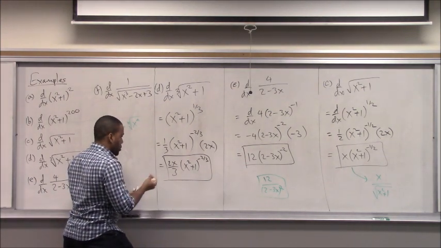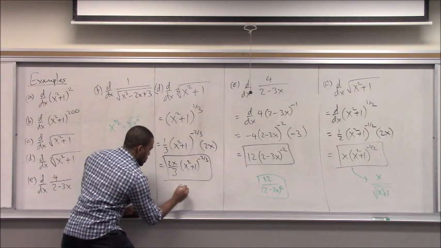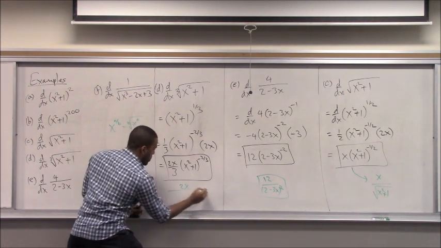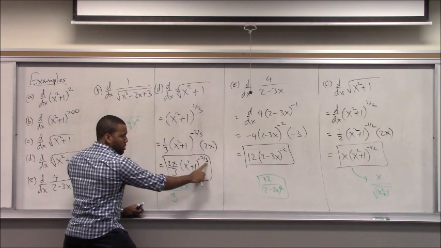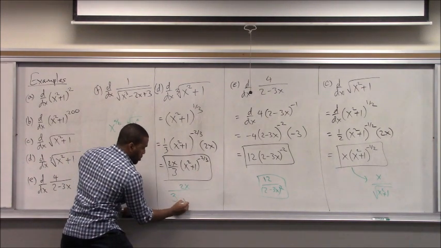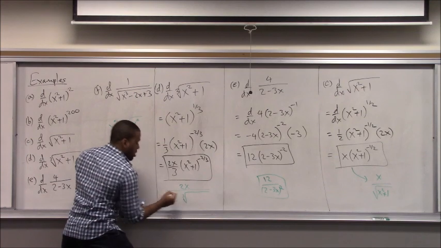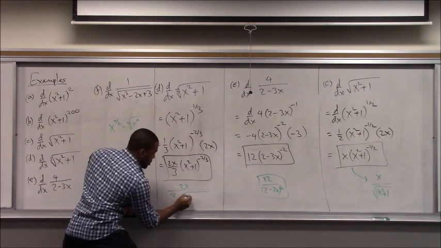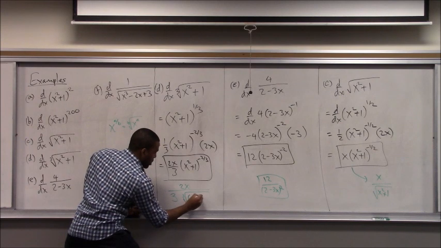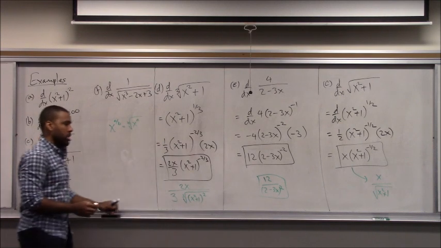If they decide to rewrite the answer with a radical, it would be 2x on top over the 3 still on the bottom. And then because there's a 3 in the denominator, that would give you a cube root. And then the 2 on top will give you a square. So this would be the cube root of (x squared plus 1) squared. So that's another way to write it.